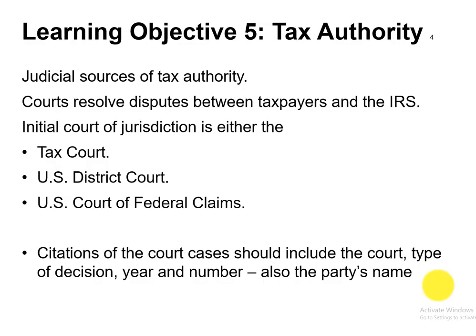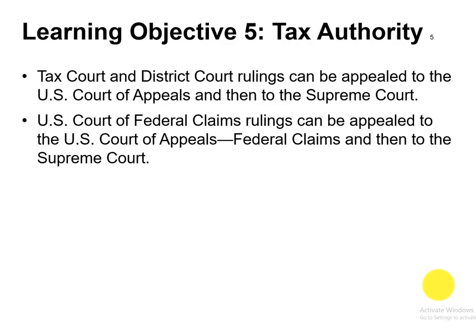So that's the only one we cite. Officially, there are always two sides to the court case, but in our citation we only use the name of the individual who is bringing the case, not the IRS, or the commissioner, which is the short term for the IRS.